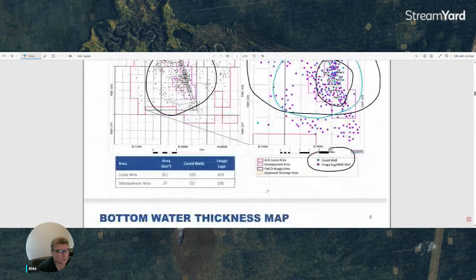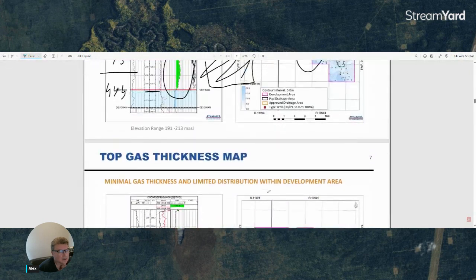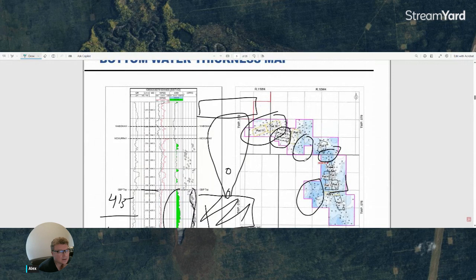So you know exactly what's where and where you want to develop the resource, right? So obviously in the future you may want to develop this area here, maybe this area here, a little bit here, put some infills, maybe here. It depends on the bitumen content, saturation. But you also want to deal with the bottom water.